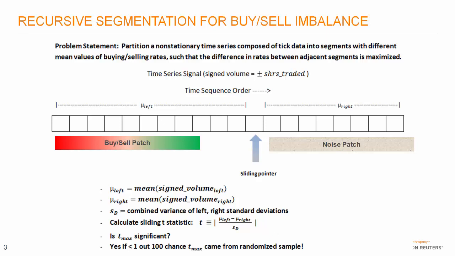We want to locate the maximum values of the t-stat, and determine whether or not that t-stat is significant compared to a random reshuffling. That's the basic idea. So we can identify these patches, these natural buy-sell regions or noise regions in the time series.